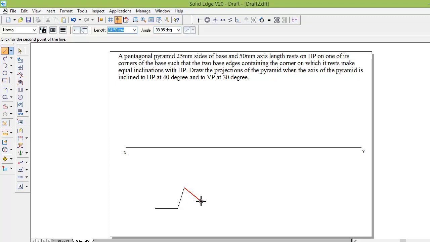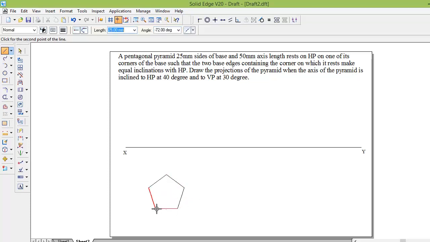Next 25 length, enter 144 is the angle. 144 is because 72 plus 72, we have to go on adding 72 for the angle for the pentagon. Next is 25, add 72 to 144, it will come 216.